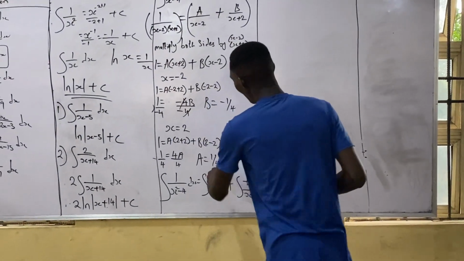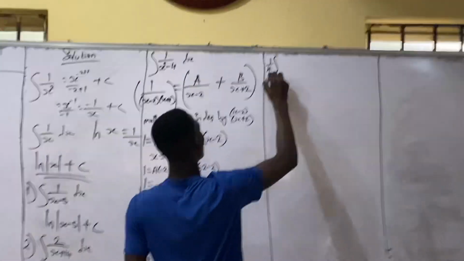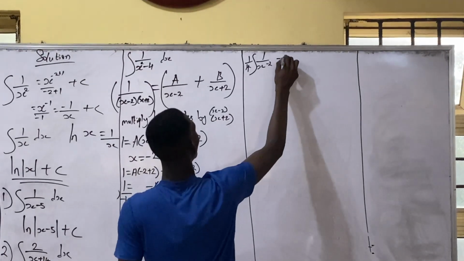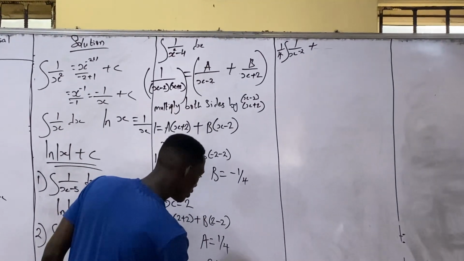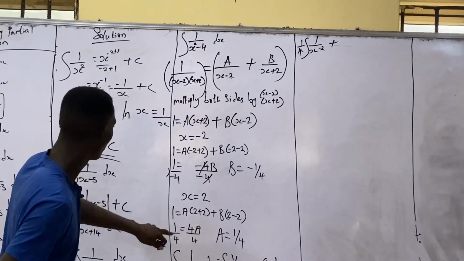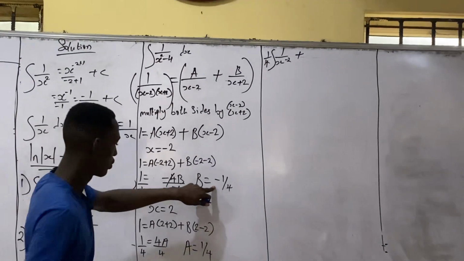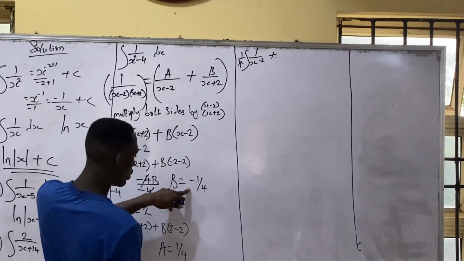Now we can rewrite this by saying 1 over 4 integration of 1 over x minus 2 plus. Now this time around, sorry, this is minus because our b here is minus 1 over 4. If this is minus, then minus times plus will give us minus.